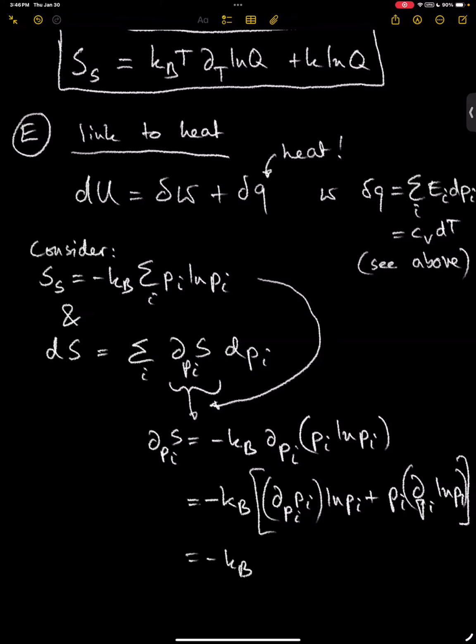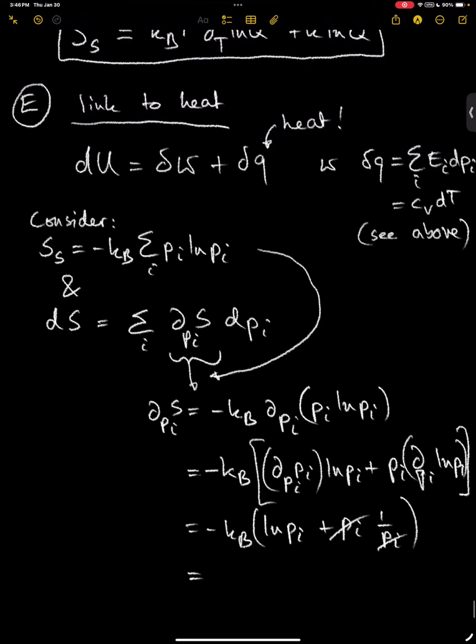This means I get logarithm of p_i here, since differentiating p with respect to p gives me 1. And then I have to multiply p_i with the derivative of the logarithm p with respect to p, which gives me 1 over p_i. So these guys cancel. And I'm left with minus kB logarithm p_i plus 1.